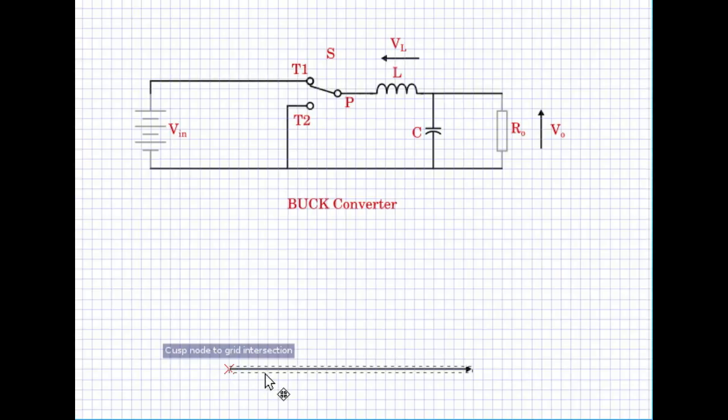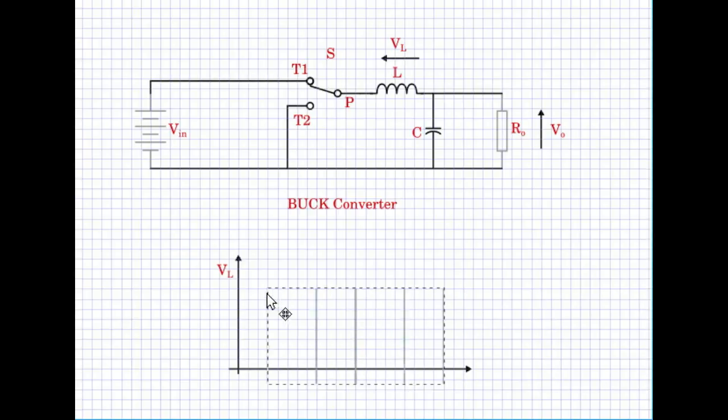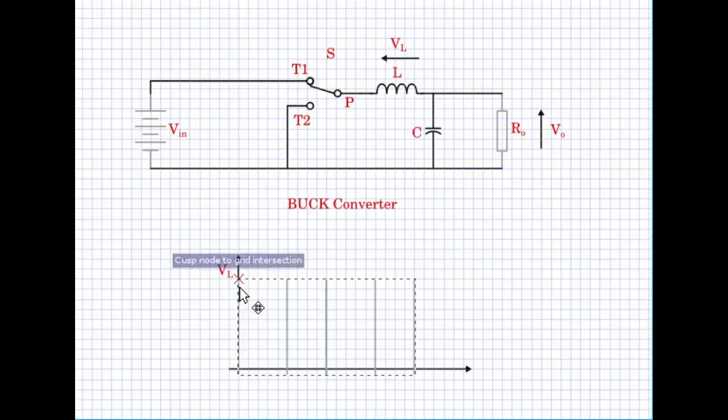So let us draw a couple of axes. Let us have our x-axis, which is the time. Let us have the y-axis, which is the VL axis, the voltage axis. We shall put in some timelines, and let us say this is the on time of the switch when pole is connected to T1.